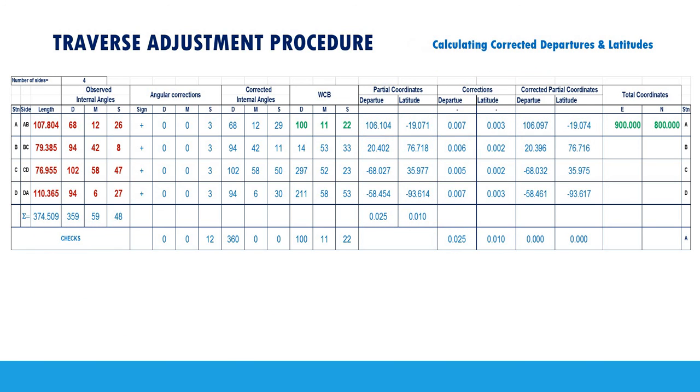Now I have calculated all of the corrected departures and latitudes, as you can see here. Just always judge your numbers. Here, for example, this is the latitude, minus 39. I will take away from this number 3 millimeters. It would be within the same range. The difference between them would be 3 millimeters.